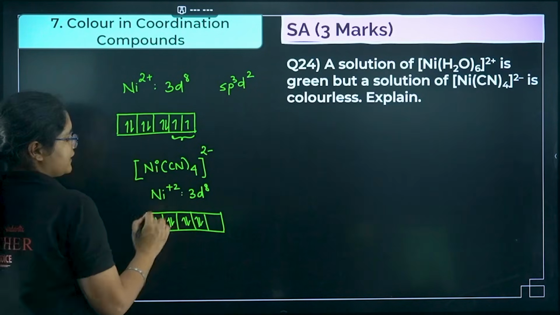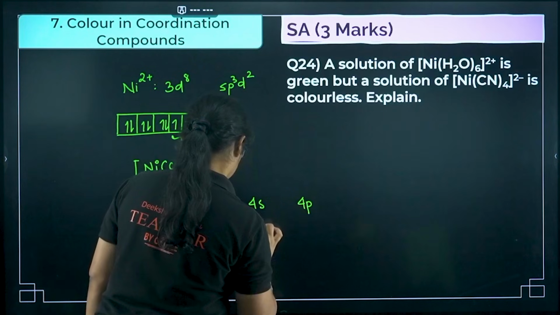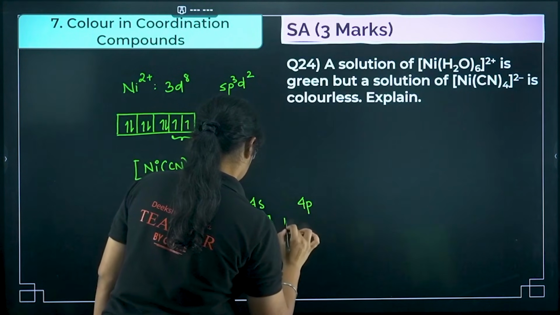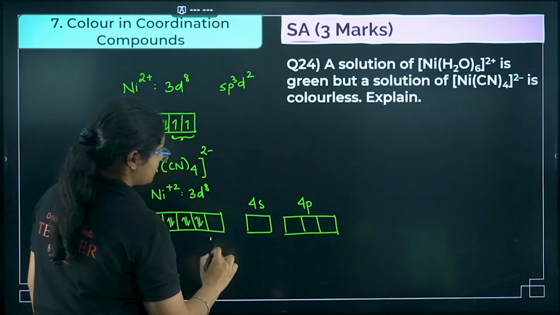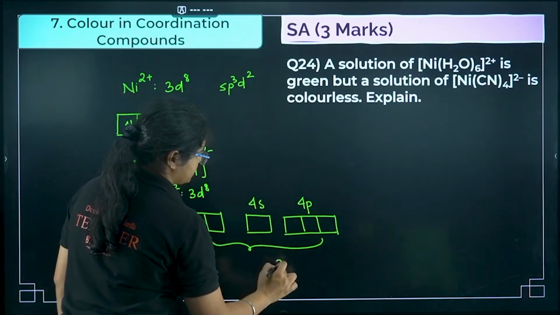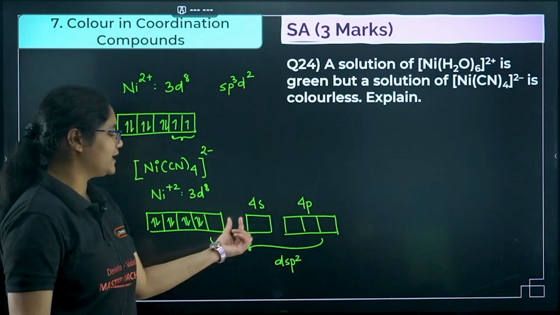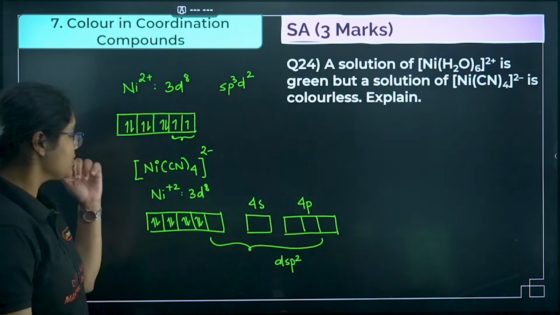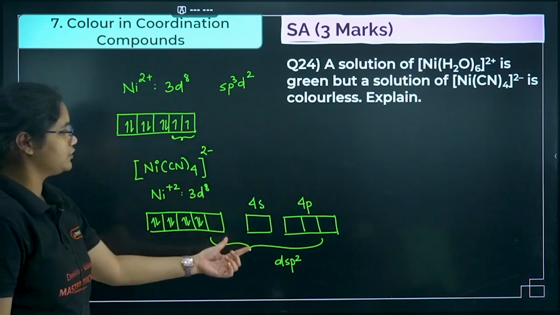Now 3d is there, then we have 4s and we have 4p. Now this one will be dsp2 hybridization.